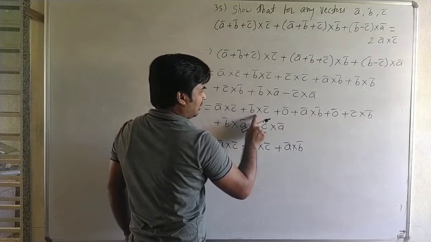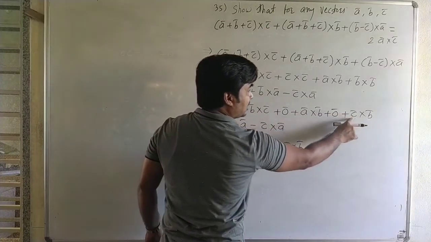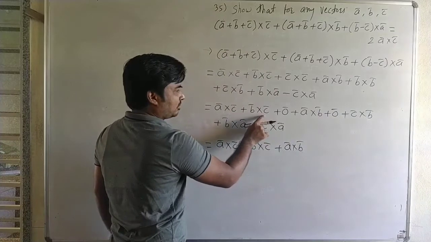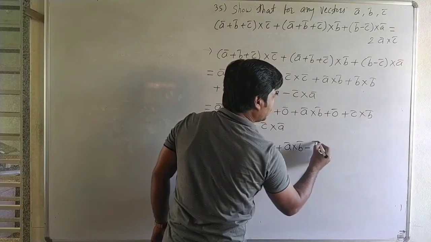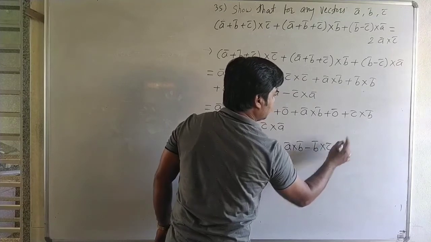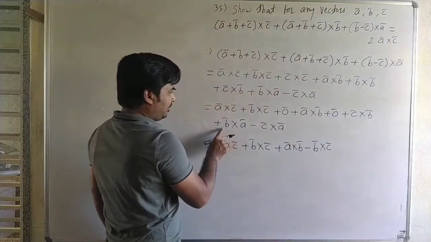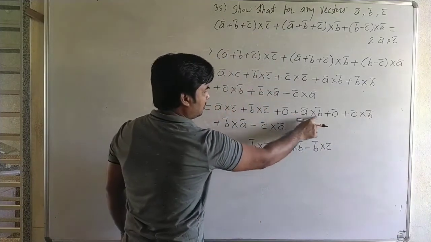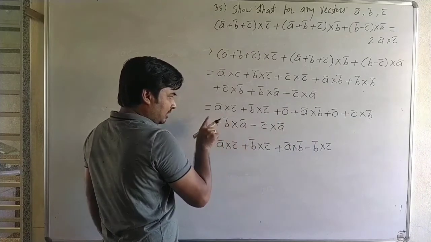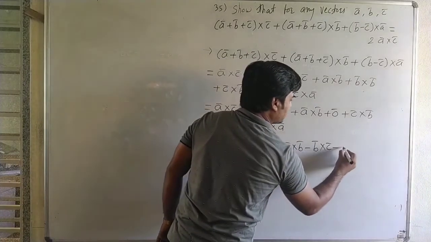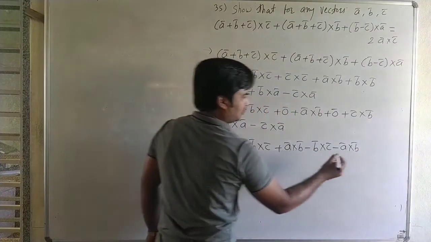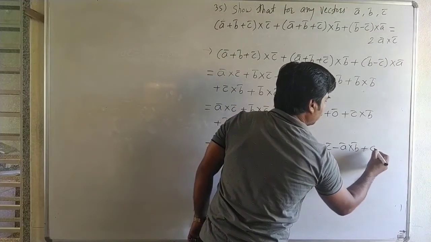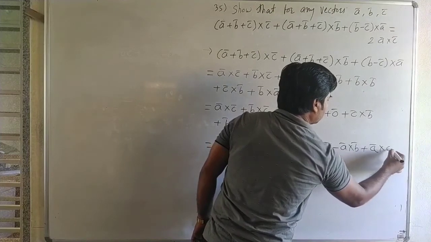Here C bar cross B bar can be written as minus B bar cross C bar. And here B bar cross A bar can be written as minus A bar cross B bar, and the last term is plus A bar cross C bar.